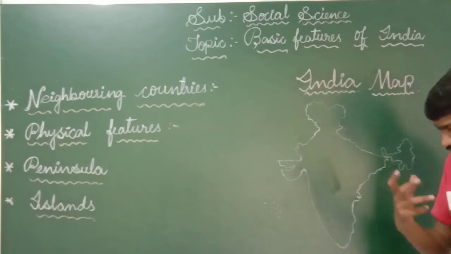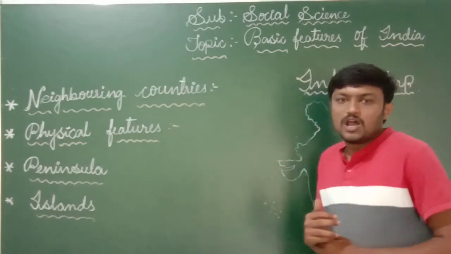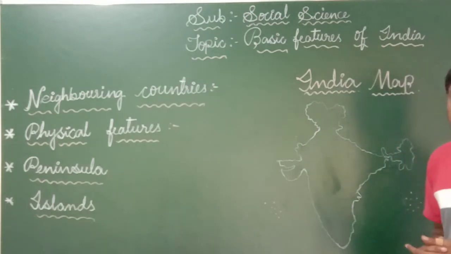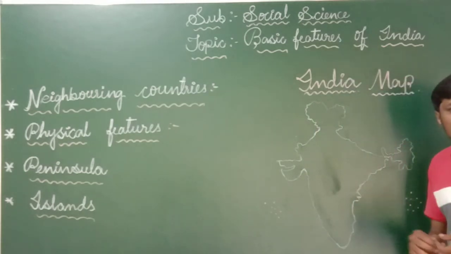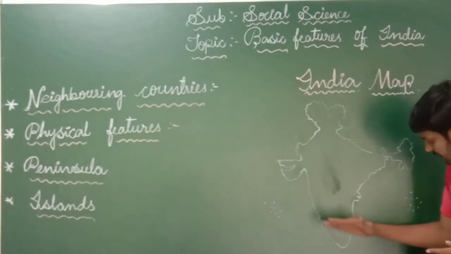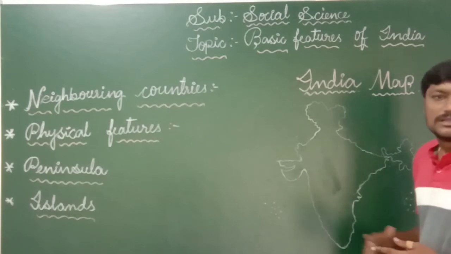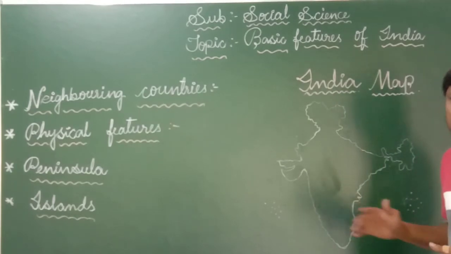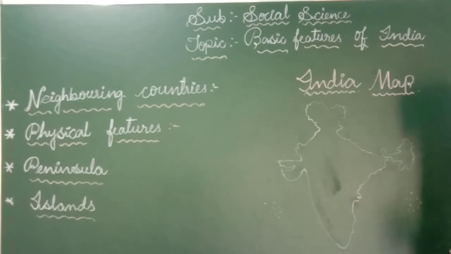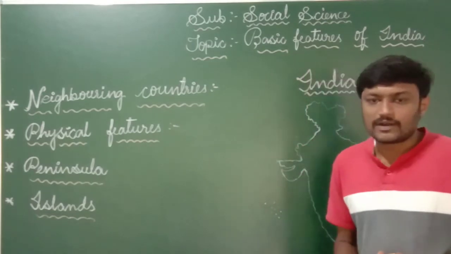Whatever land space is triangularly covered by water surfaces, here our India is covered by the Indian Ocean, Bay of Bengal and Arabian Sea in the southern part. So the Indian mainland, the country India or the Indian subcontinent is called a peninsula. See, this is about the peninsular shape of our country.